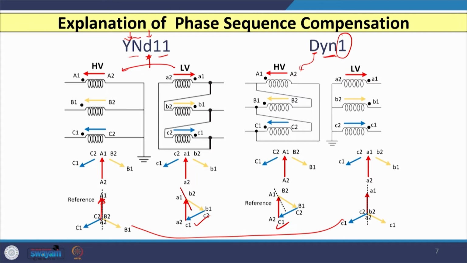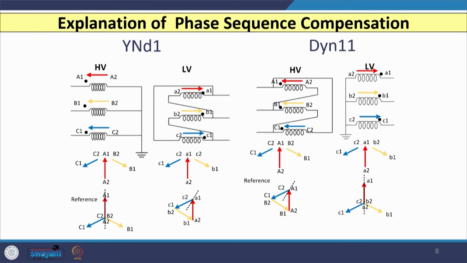Similarly, if I consider the other connection, let us say star neutral grounded with delta 1 connection, then you can see that I have shown the diagram here, and your HV winding is your star with neutral grounded.